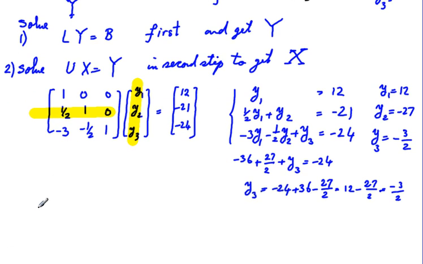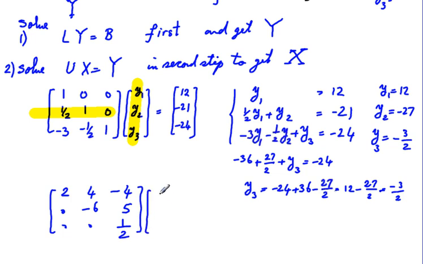U was 2, 4, minus 4, minus 6, 5, 1/2 times the original. So let's remind ourselves, what are we doing? U times x is equal to y. This is my U. X are those things I was after from the beginning. Capital Y are these numbers I just got.